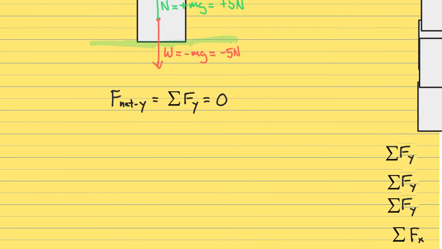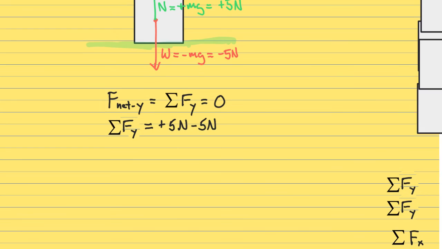We can set summation of forces in the Y direction here equal to plus 5 newtons, which is the normal force, plus minus 5 newtons, which is the weight, which would be the same as minus 5 newtons, and that is equal to 0 again. So this means that we have no net force acting on the object, which is the same as saying there is no unbalanced force.